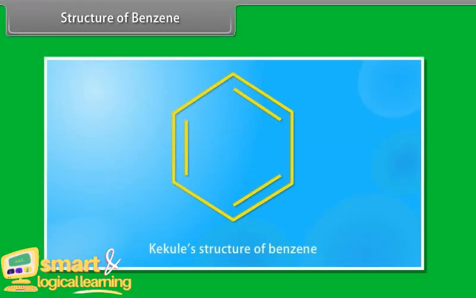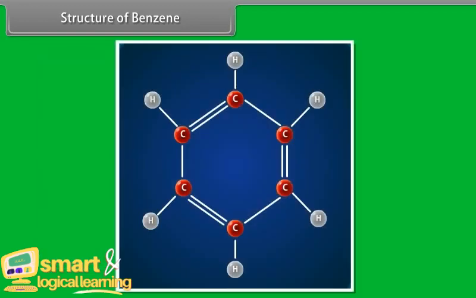Structure of benzene. A chemist, Kekule, in 1865 suggested the following structure for benzene. According to Kekule, 6 carbon atoms in benzene are on the 6 corners of a regular hexagon. Each C atom is attached to one H atom.